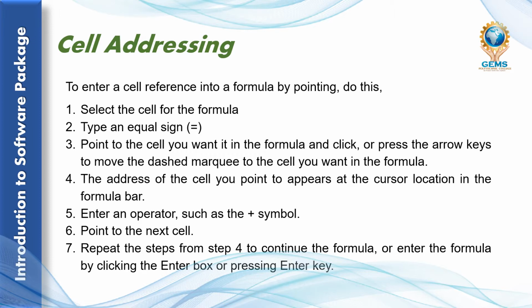So the address of the cell you point to appears at the cursor location in the formula, and you can enter the operator such as plus, minus, division, or multiplication symbol and point to the next cell. Repeat these steps to continue the formula, or enter the formula by clicking the enter box or pressing the Enter key.